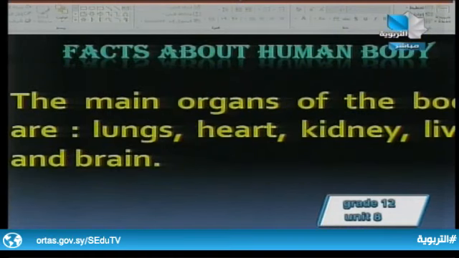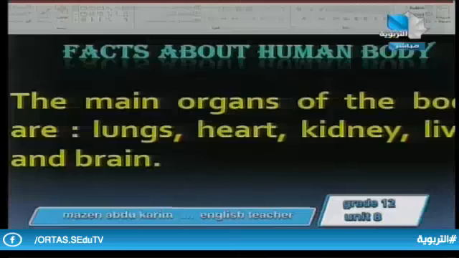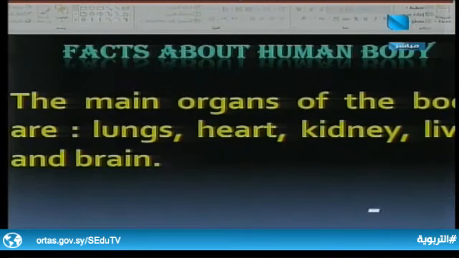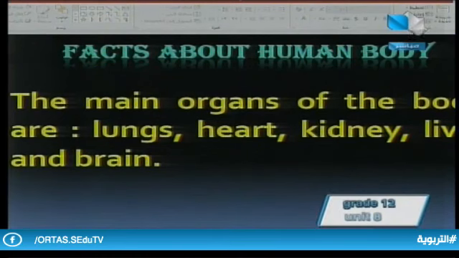Thank you, indeed. Okay, so now, Mr. Mazen, as you know, in the human body there are a lot of organs. We have many organs. Can you please tell us the main organs of the human body? Yes. The main organs of the human body are the lungs, heart, kidney, liver, and the brain, for sure. We have the lungs, which are for breathing, the organs for breathing.